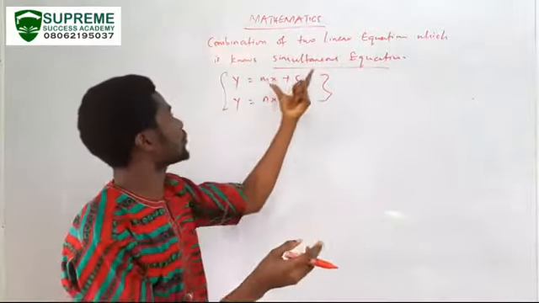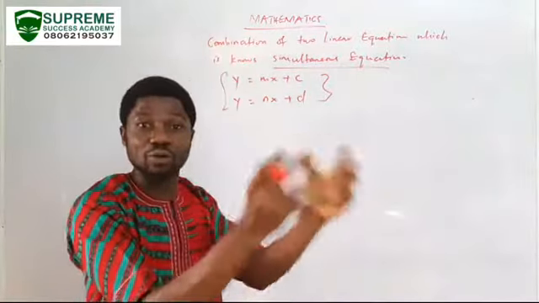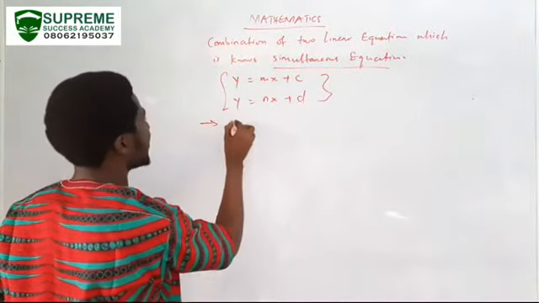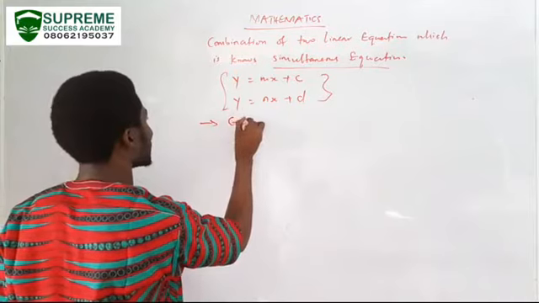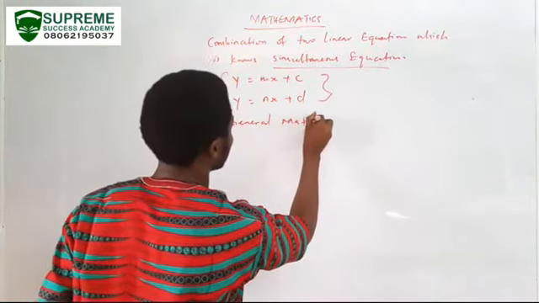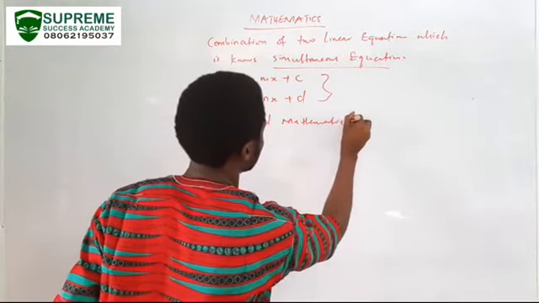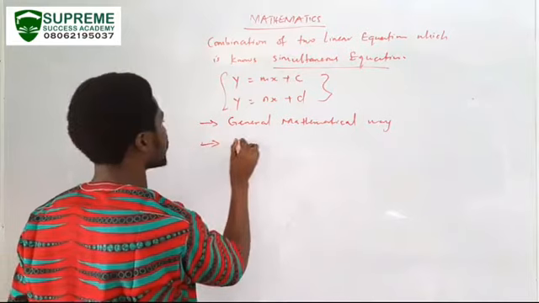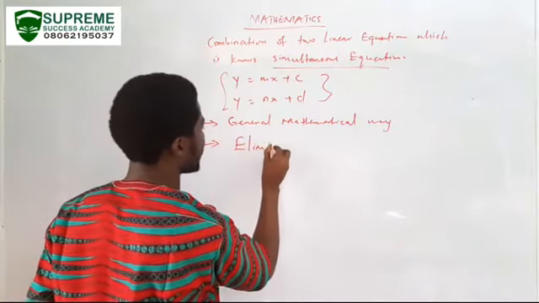So when you now have two linear equations combined, how do you solve? What are the methods to solve this? Let me say the general mathematical way. Then number two, you can also use what we call the elimination method, which I know some of you are very conversant with.